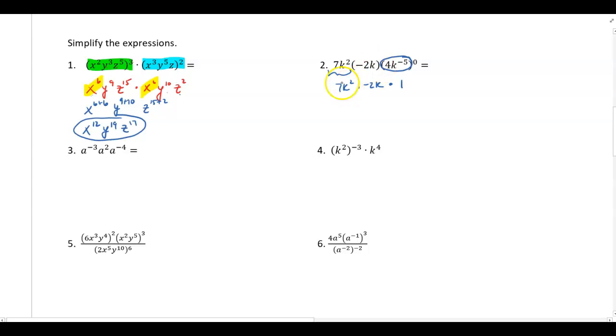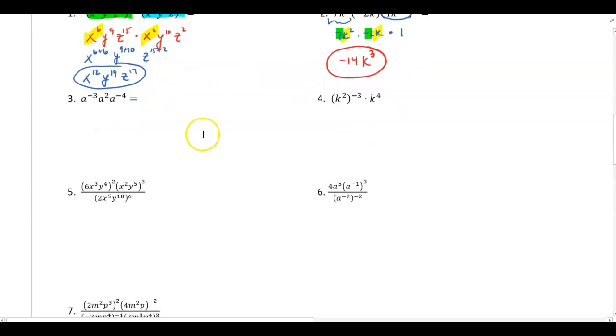So now, I'm going to multiply the coefficients, right? 7 times negative 2 is going to give me negative 14. And then k to the 2nd times k would give me k to the 2 plus 1, which is 3. All right? And remember, when you multiply by 1, it doesn't change anything.